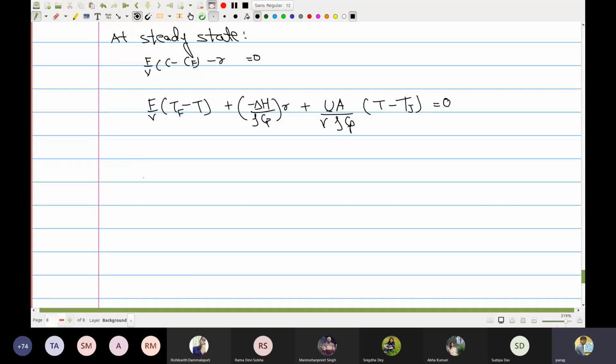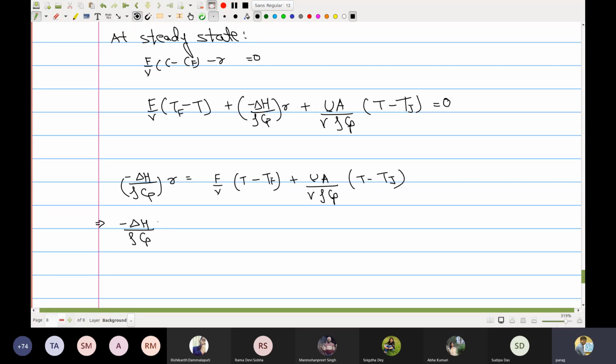I can rearrange the second equation as minus delta H upon rho Cp R equals F by V (T minus Tf) plus UA upon V rho Cp (T minus Tj), and this can further be simplified as minus delta H rho Cp.